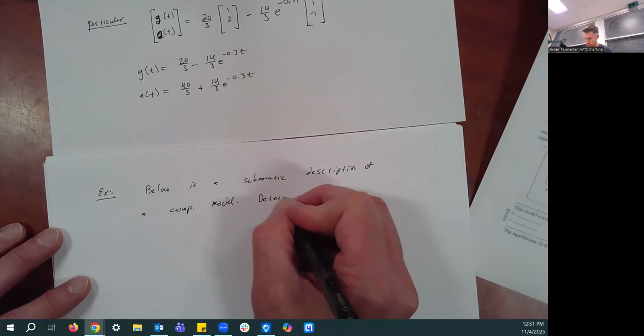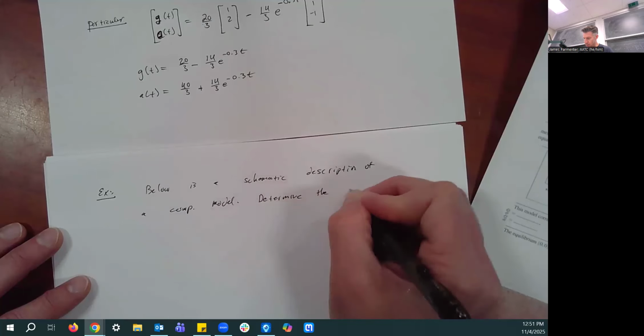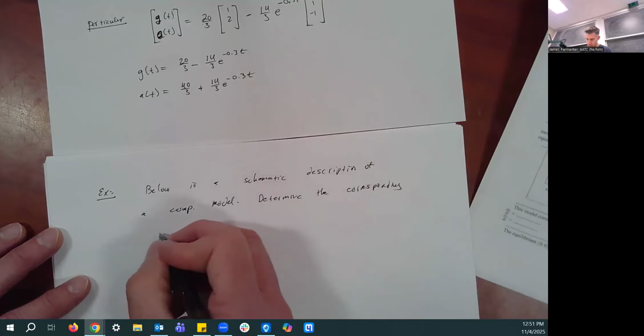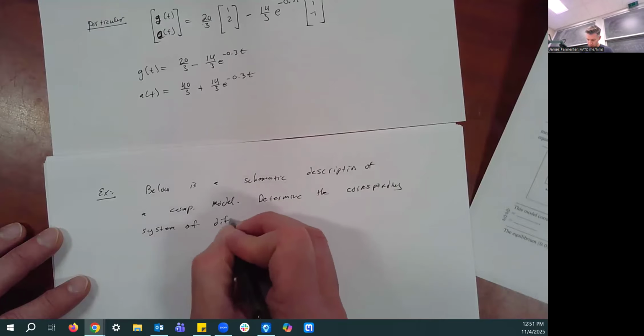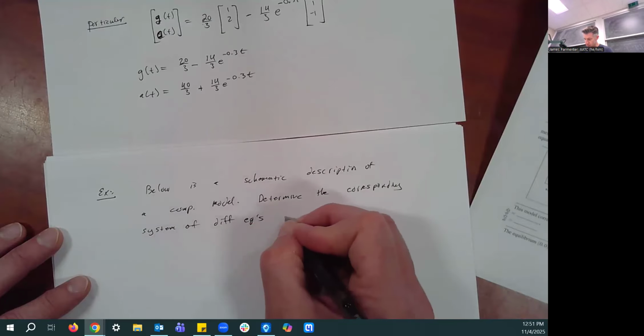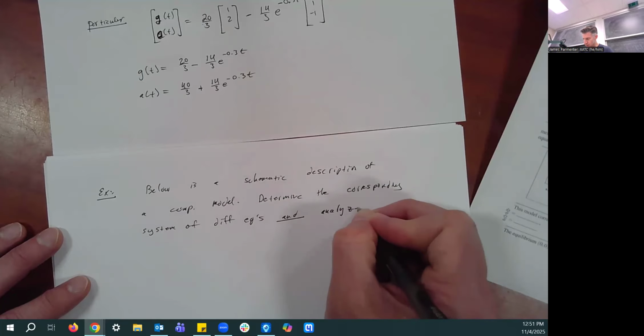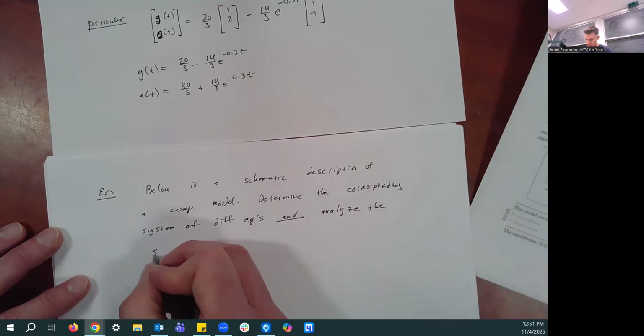Determine the corresponding system of differential equations, and analyze the stability of the equilibrium 0, 0.